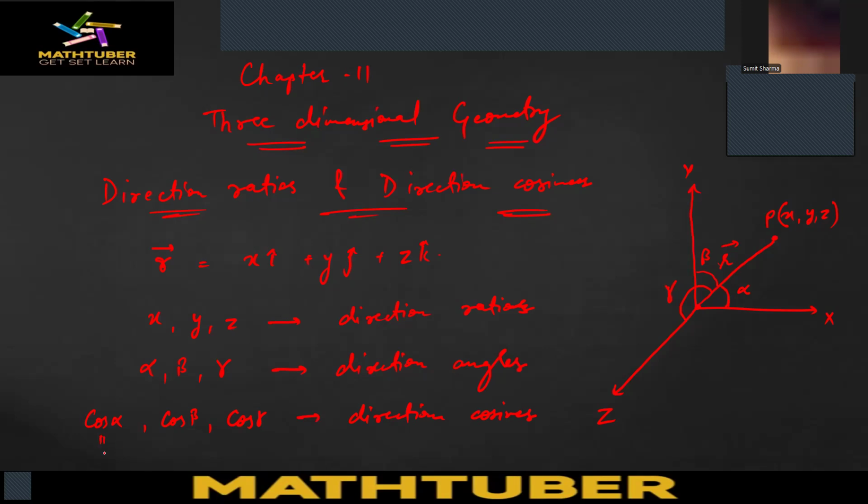So we can call L, M, N as direction cosines. Now the direction cosines and the direction ratios are proportional to each other. The corresponding direction ratios and direction cosines are proportional.